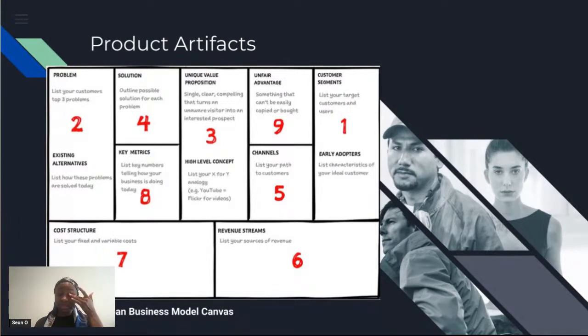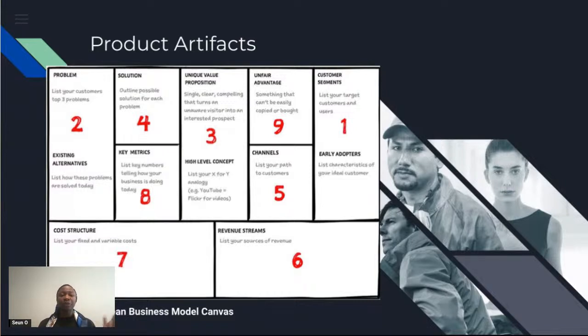And this is just basically what they call the lean business model canvas, which is sometimes used in terms of product artifacts, when you're speaking about lean, or when you're developing your product artifact, your product requirement document.